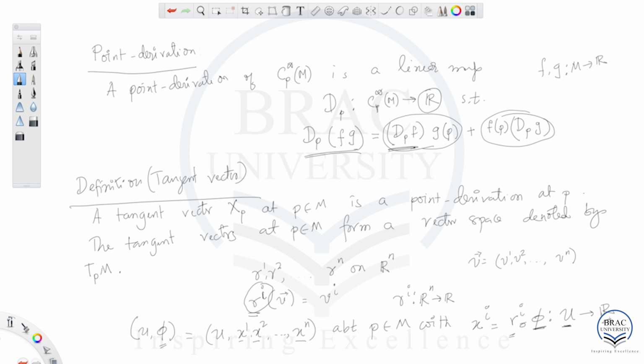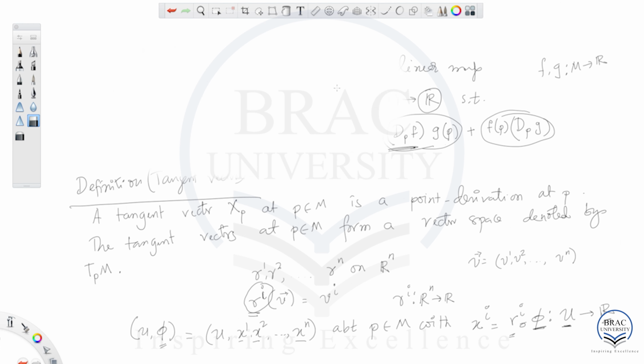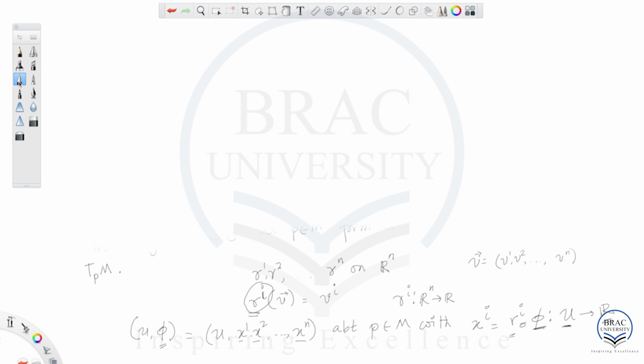Now one defines partial derivatives. We have learned it towards the end of lecture 4. I'm just reviewing that. How did we define the partial derivative with respect to the ith local coordinate function at p in M? It was defined with the help of the standard coordinates in the Euclidean space.